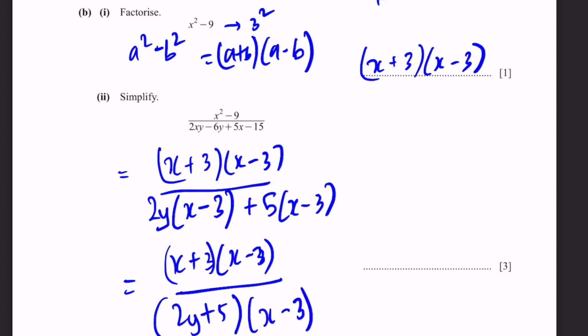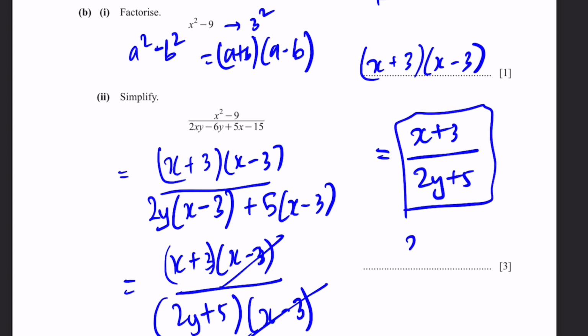Because this x minus 3 can be factorized out in this whole equation here, and then we get x minus 3 into 2y plus 5, which is just the same as that. I can cancel out the x minus 3's to get x plus 3 by 2y plus 5. That's the answer.